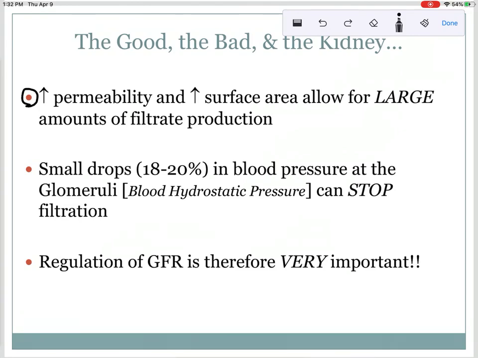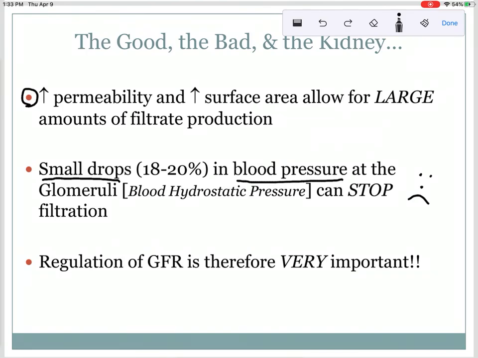So we have the good. The good is that the glomerulus is set up well for filtration. But the bad, make a little frowny face here. On the downside, the glomerulus is very susceptible to small drops in blood pressure. That's the bad.